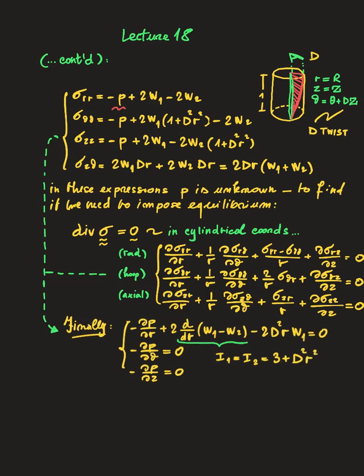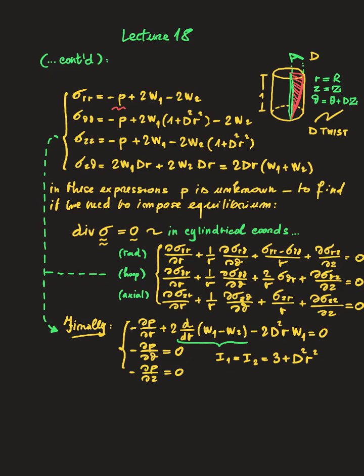In other words, they only depend on r. They do not depend on theta and on z. So for this reason, the partial derivative becomes a simple, ordinary derivative.